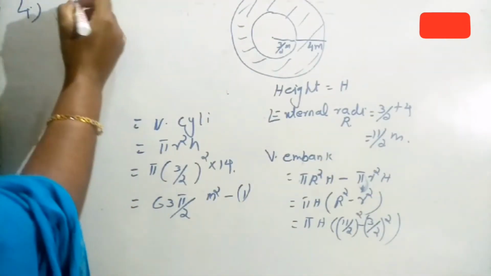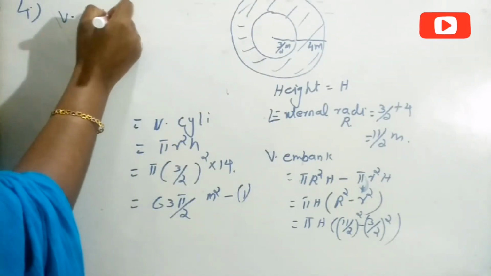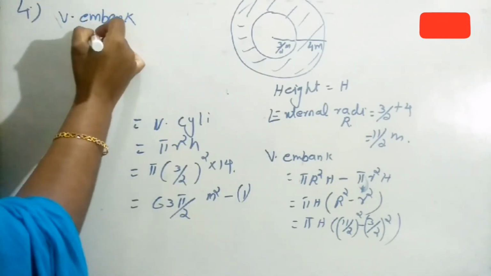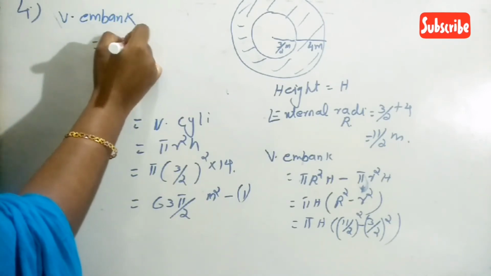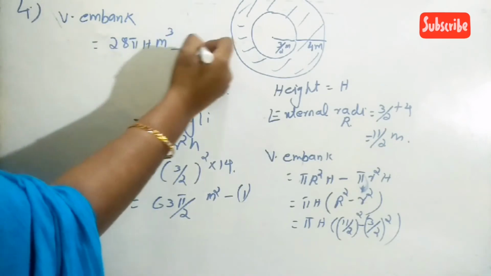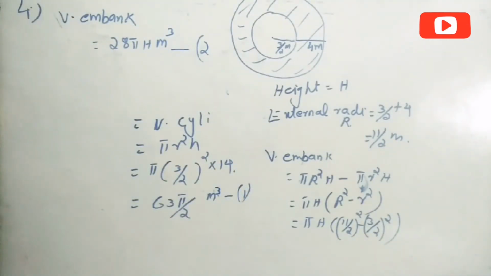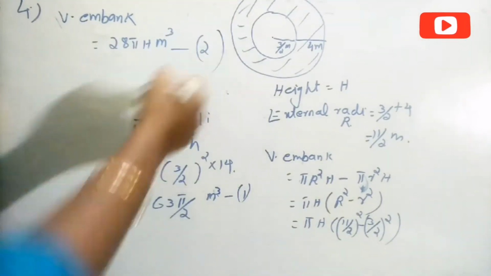So we get the volume of the embankment as 28 pi h meter cube. Put it as equation number 2.